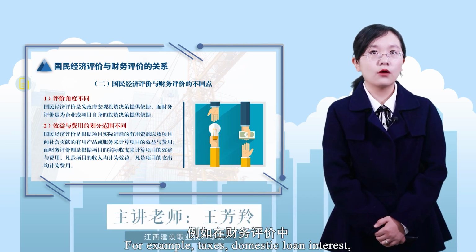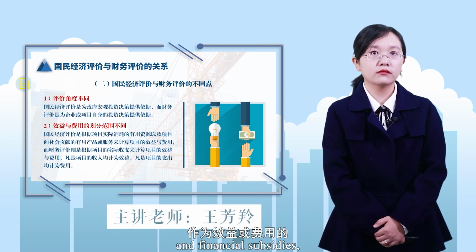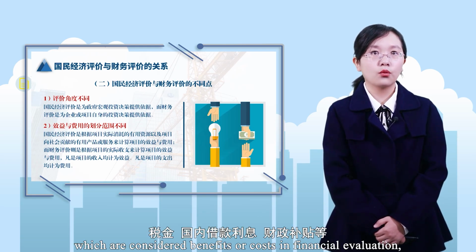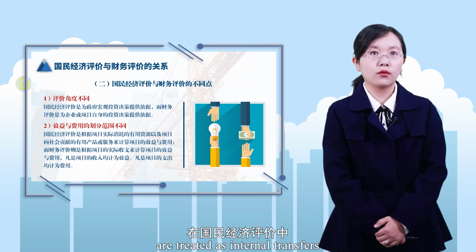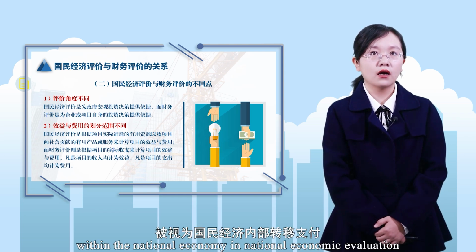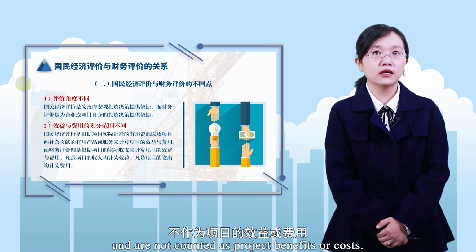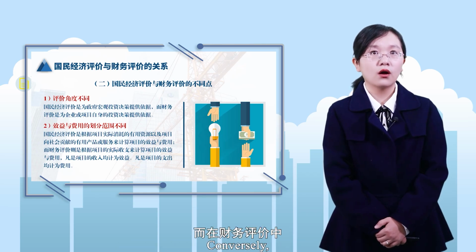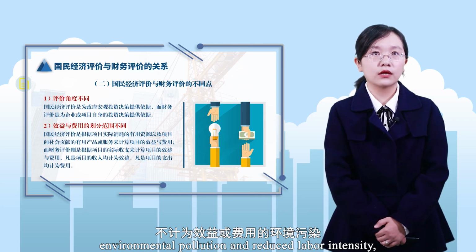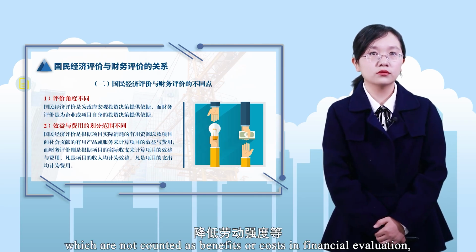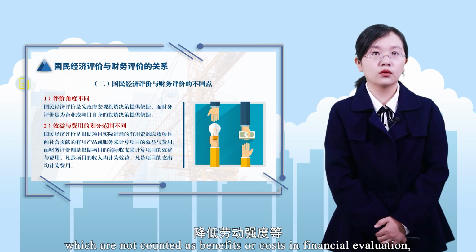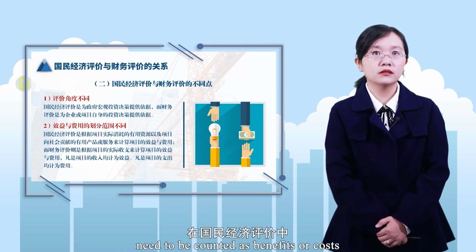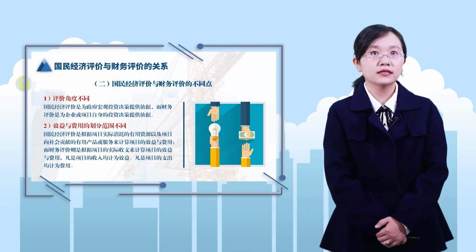For example, taxes, domestic loan interest, and financial subsidies, which are considered benefits or costs in financial evaluation, are treated as internal transfers within the national economy in national economic evaluation, and are not counted as project benefits or costs. Conversely, environmental pollution and reduced labor intensity, which are not counted as benefits or costs in financial evaluation, need to be counted as benefits or costs in national economic evaluation.